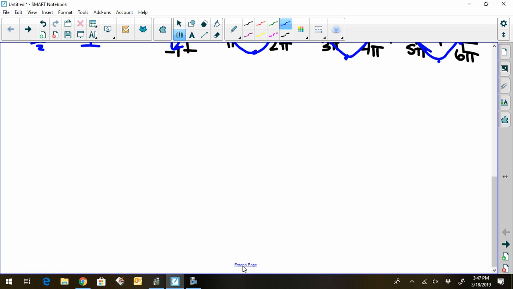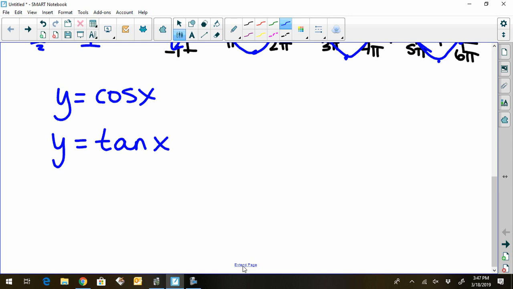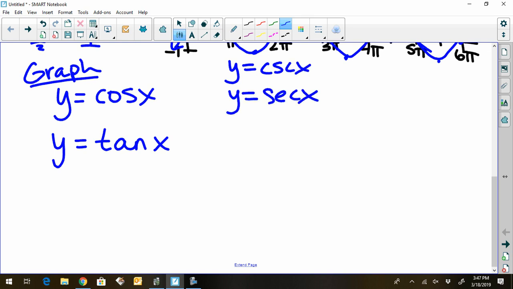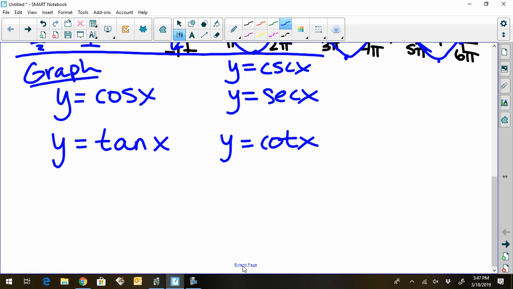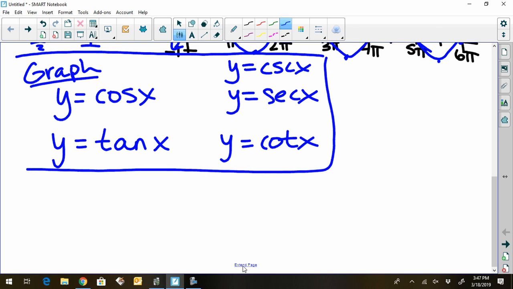So graphing y equals cosine of x, y equals tangent of x, and then I would use those graphs to help graph cosecant of x, secant of x, and cotangent of x. So your job is to graph all of those before I see you again, before the next class that you have. All right, best of luck.